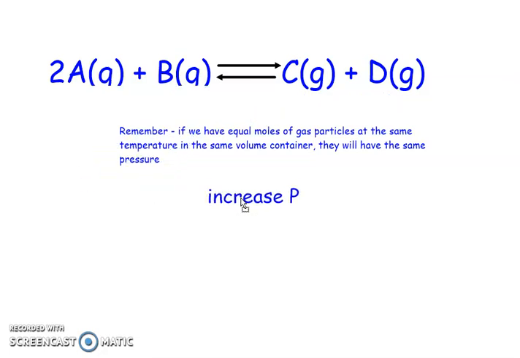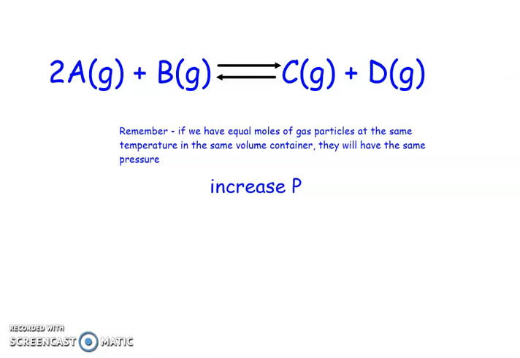If I were to increase the pressure, the system is going to try to get the pressure back down to where it was. Well, fewer moles of a gas are going to have a lower pressure.